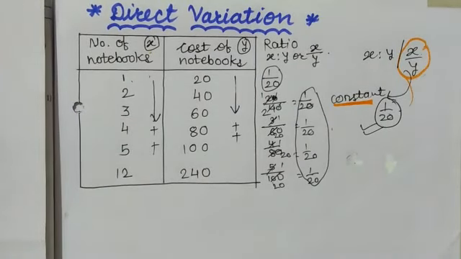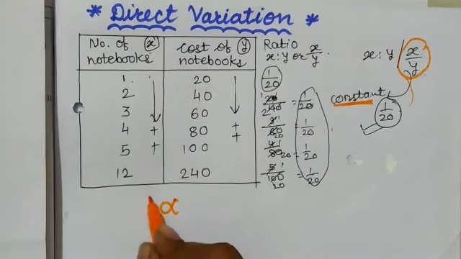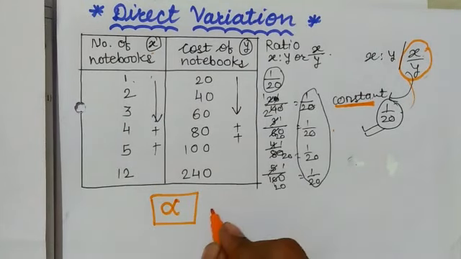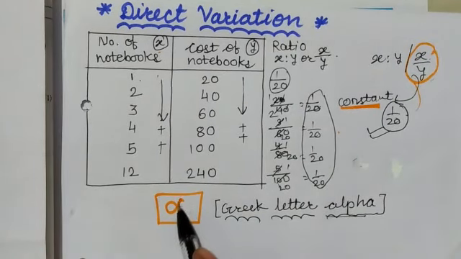For showing the variation concept or the proportion, this is the mathematical symbol which comes from the Greek letter called alpha. So this is called alpha.